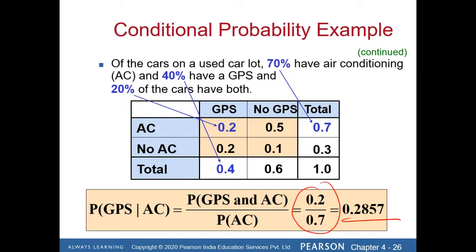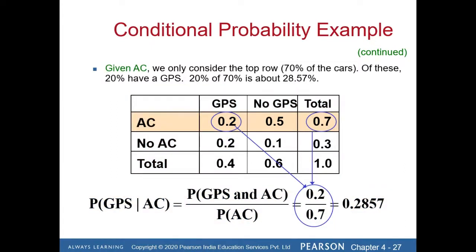So that is the meaning of conditional probability that I illustrated with the help of this example. We found the probability of a car having GPS given AC: probability of GPS and AC divided by probability of AC.